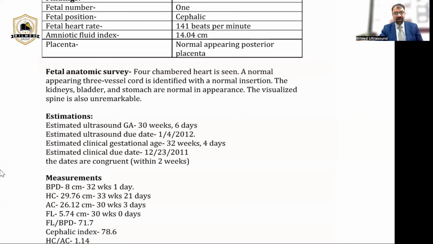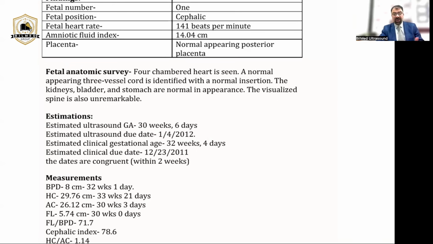Then measurements, what you have to see for the BPD, you have to see for the head circumference, abdominal circumference, femur length, of course, and the femur length to BPD ratio. The machine will give you all these things, but you have to give the BPD and femur length, and the ratio will be calculated by the machine thereof. What you are doing, you are not missing any skeleton abnormalities by these ratios.